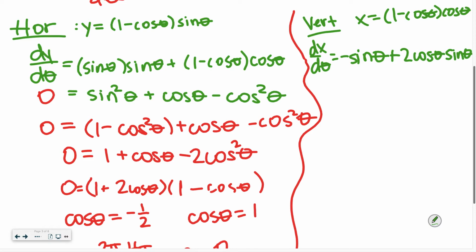Now we set it equal to 0. What do you see? Sine of theta is in common. And if we factor that out, we have negative 1 plus 2 cosine.